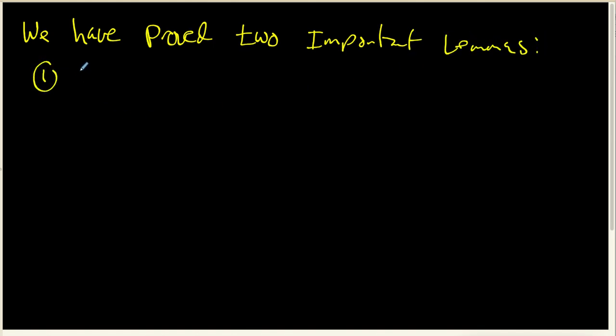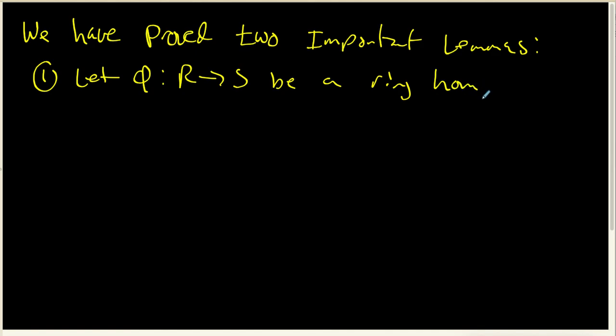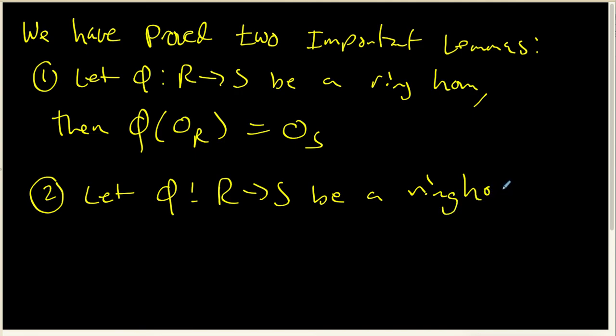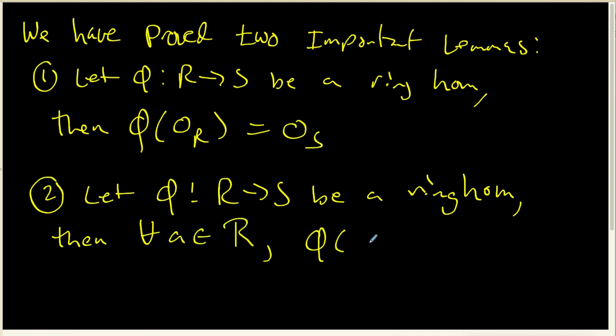The first one says, if we let phi go from R to S be a ring homomorphism, then phi of the 0 inside R is the 0 inside S. And the second one says, if we let phi be a ring homomorphism, then for every A inside the ring R, we have phi of minus A is minus phi of A.